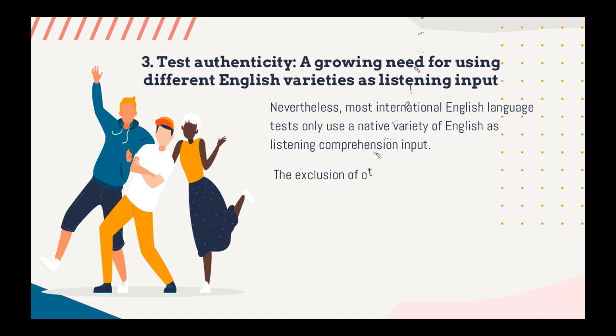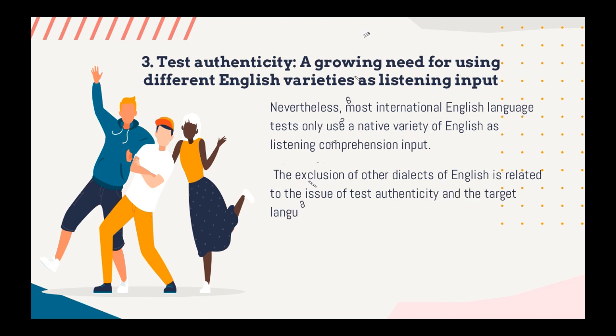which is defined by Bachman and Palmer as a set of specific language use tasks that the test taker is likely to encounter outside of the test itself, and to which we want our inferences about language ability to generalize. In other words, the more accurate the representation of the target language use domain on the English test is, the more accurate the test score inference made about examinees' language proficiency is.